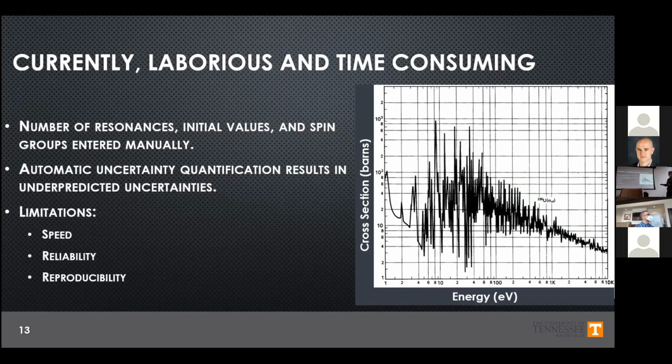It's also been demonstrated that the uncertainty that you get from these evaluators doing it by hand is consistently underestimating the uncertainty that is being evaluated in the cross-section data. Underestimating that uncertainty then has complications down the nuclear data pipeline, such as in reactors where these cross-section values have to be used. So this hand-done process by the evaluators is slow and not reproducible.